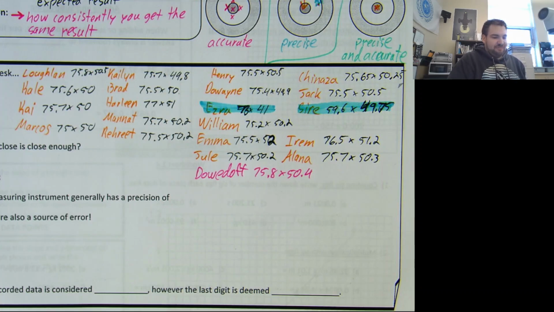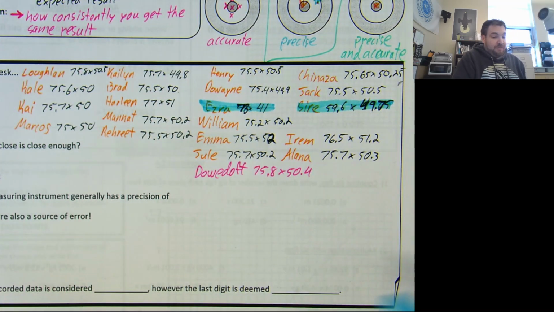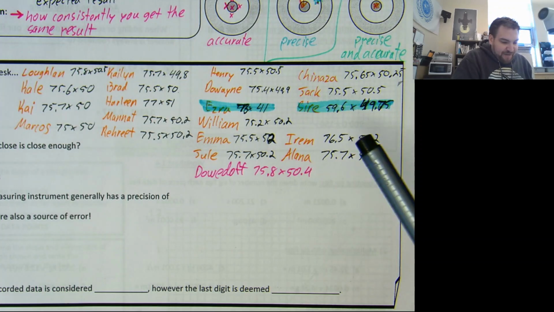The average? But the average, you can't say that. If we averaged all your values for a particular dimension, is that a reasonable way to find the accepted value? Could work. Are there any other values that you would want to toss?